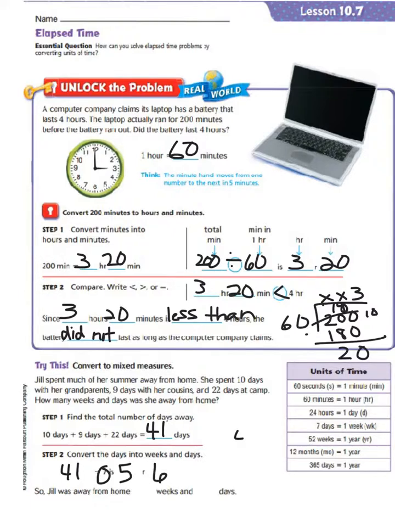So if we do that, 41 divided by 7 will go in 5 times. 7 times 5 is 35. 41 minus 35 is 6, and that's where we get our answer of 5 with the remainder of 6. So Jill was away from home 5 weeks 6 days.